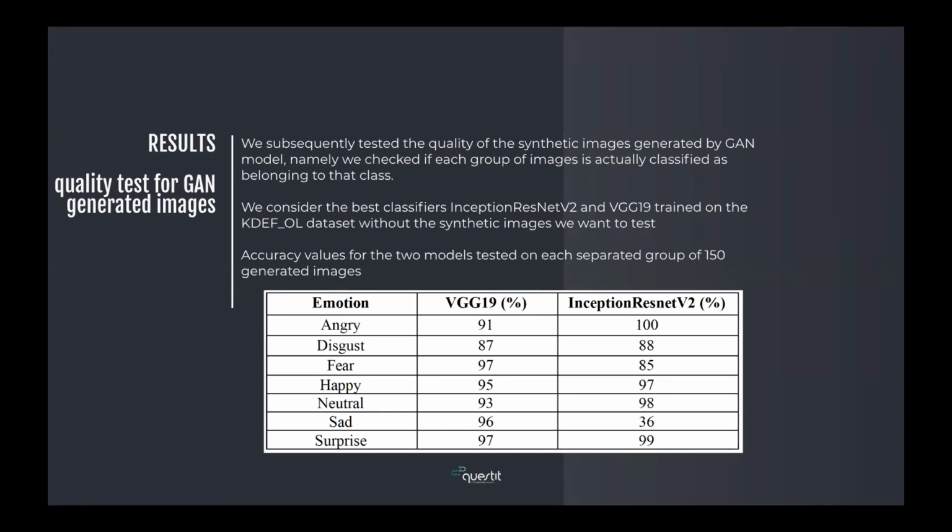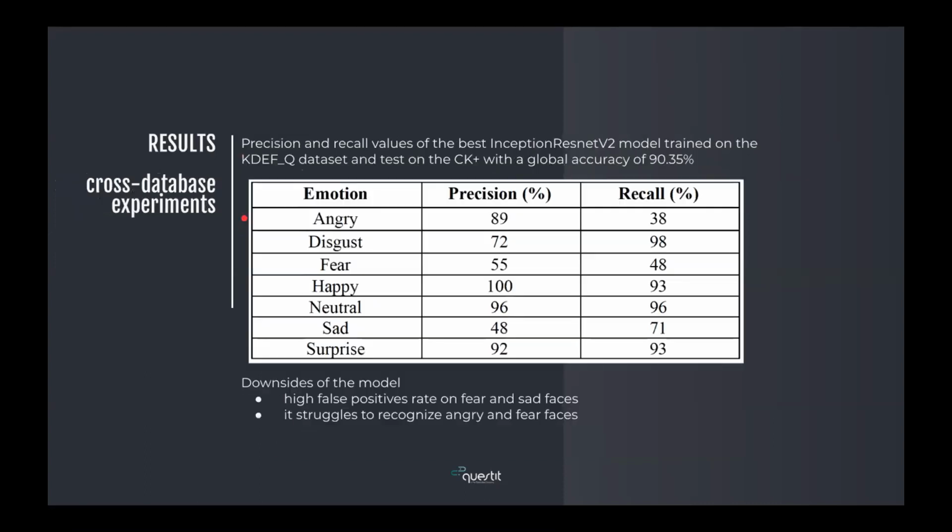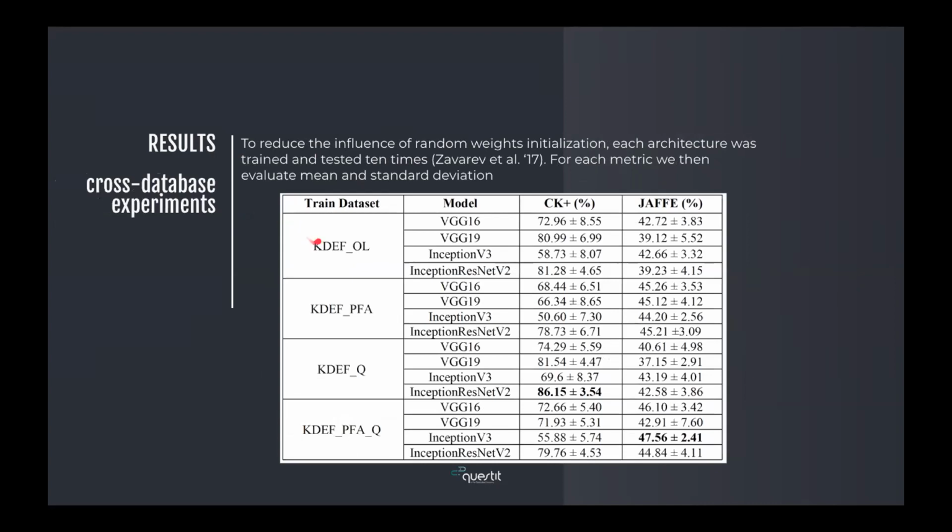In order to make this experiment, we choose the best classifiers, Inception ResNet v2 and VGG19, trained on the KDF-OL, namely this dataset 1, that does not contain the GAN-generated images, because we want to test those images. And for this trained dataset, we take the best classifiers, which are the VGG19 and the Inception ResNet v2.